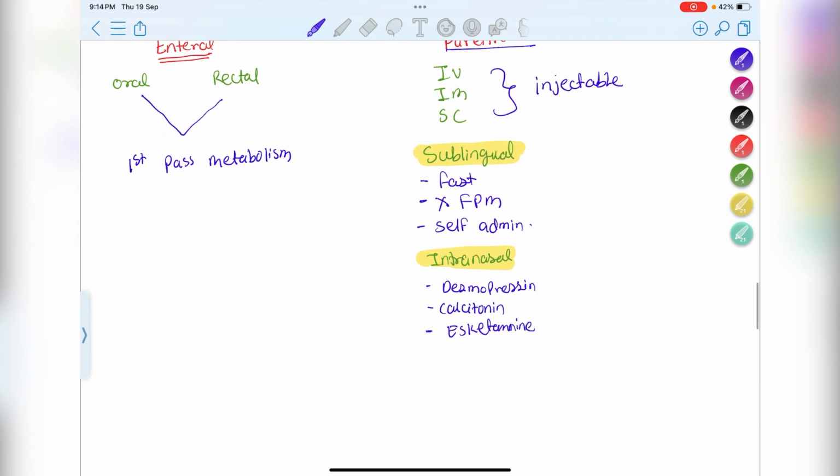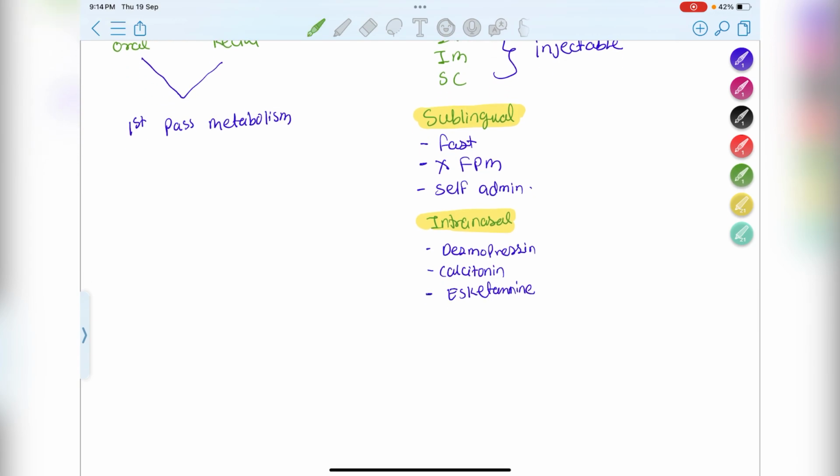Another method which we can see is transdermal, meaning across the skin. Some transdermal patches are seen nowadays, which you can apply on your skin. So what is the advantage of this?